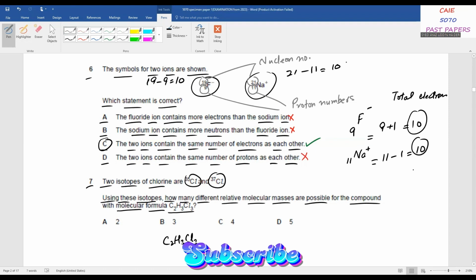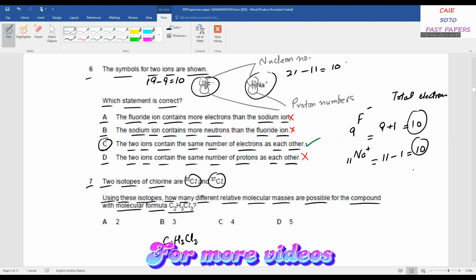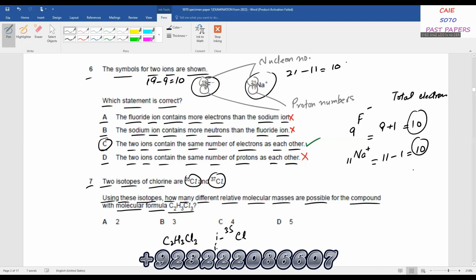The possibility will be all these three chlorine atoms are of same nucleon number, that is Cl35. We have possibility of Cl35, possibility number 1. Possibility number 2, I'm writing it here, all three will be of chlorine 37.